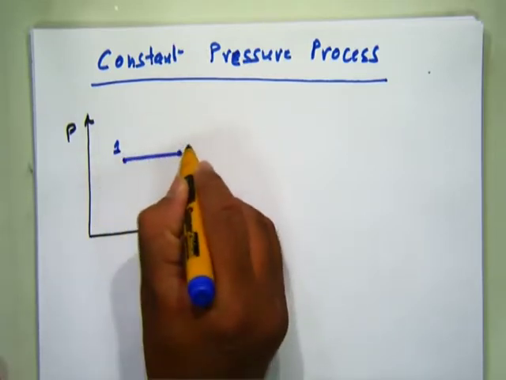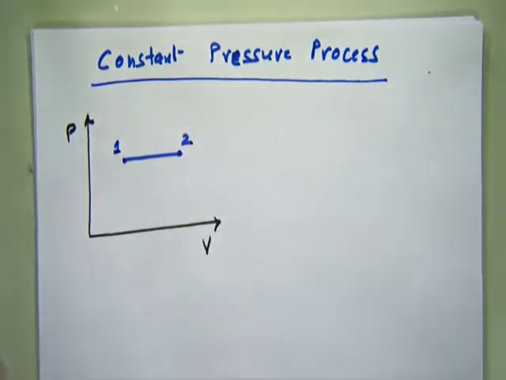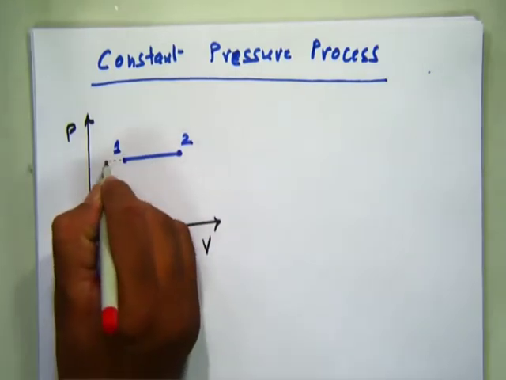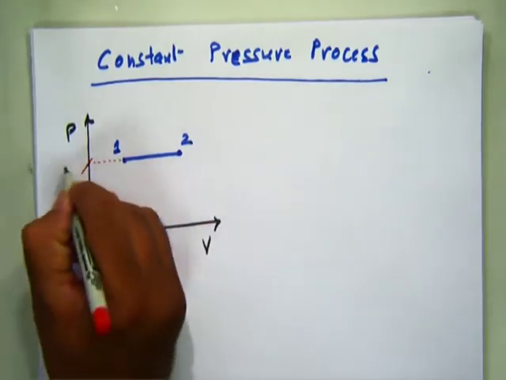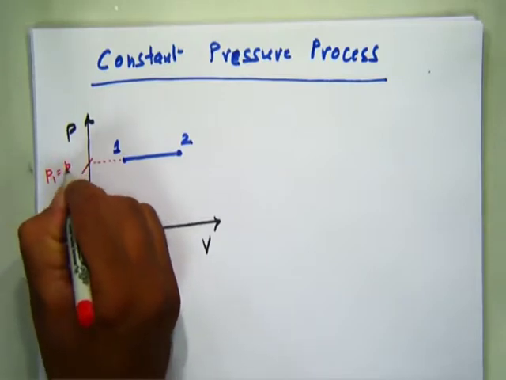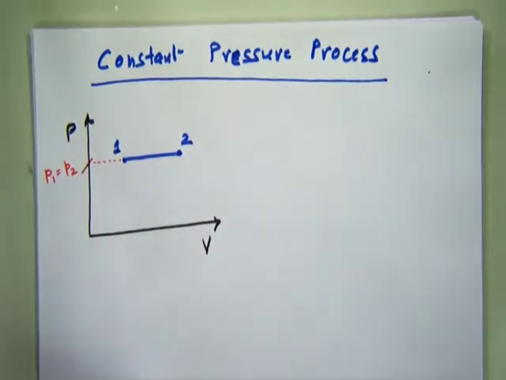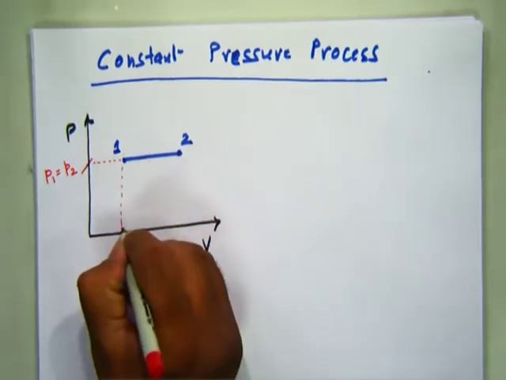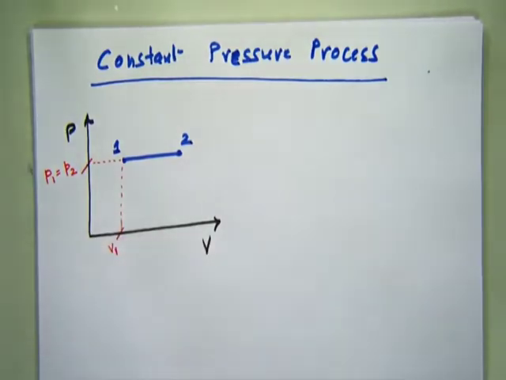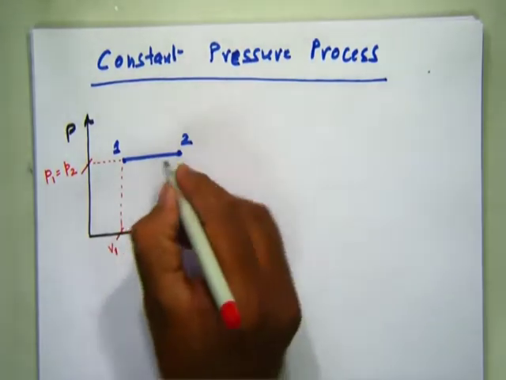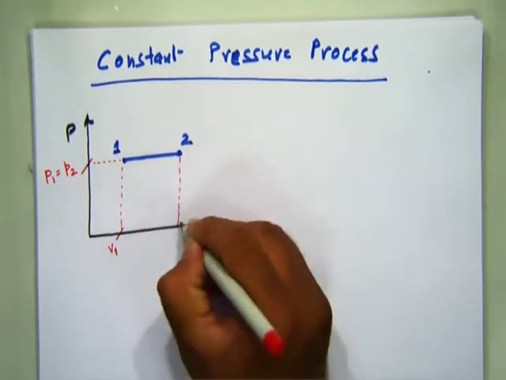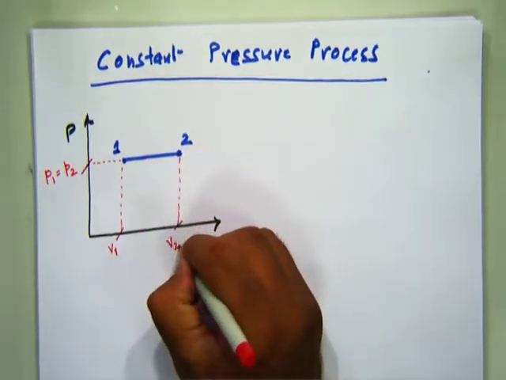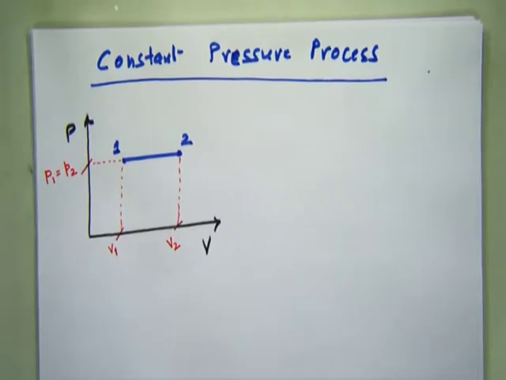At the end of the process, it is point 2. Pressure remains constant, so P1 is equal to P2. Initially, the volume is V1 at point 1. At point 2, the volume is V2.